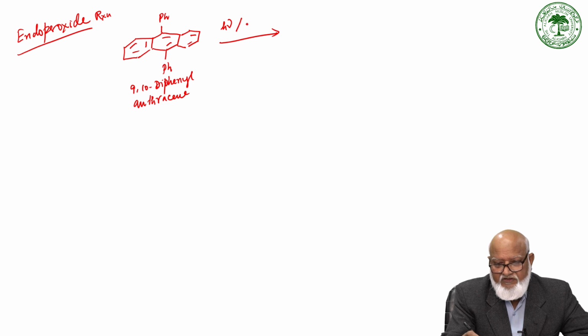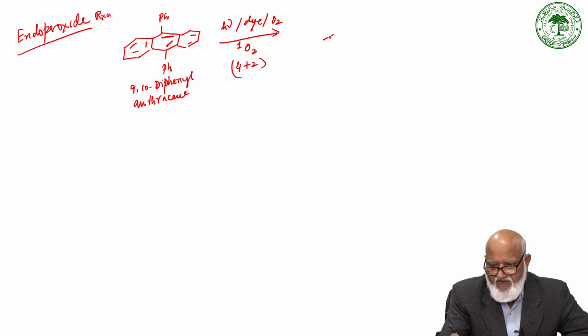Under photolytic conditions, oxygen generates singlet oxygen, and this anthracene undergoes 4 plus 2 addition with singlet oxygen to give an endoperoxide.